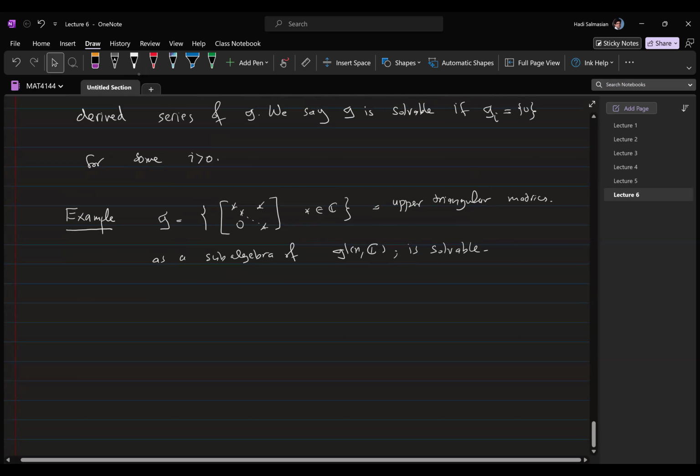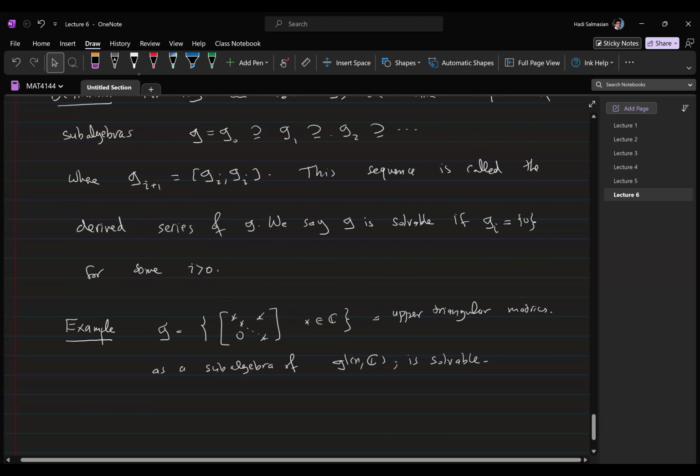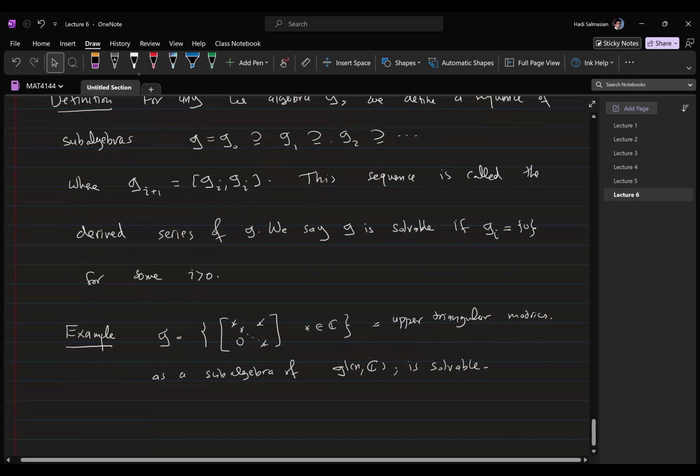Any subalgebra of a solvable algebra is also solvable because the derived series will be included in the derived series of the bigger one. But that bigger one has a derived series that terminates, so the smaller one will have the same property. So any Lie subalgebra of this G, like the diagonal or the strictly upper triangular, will also be solvable.